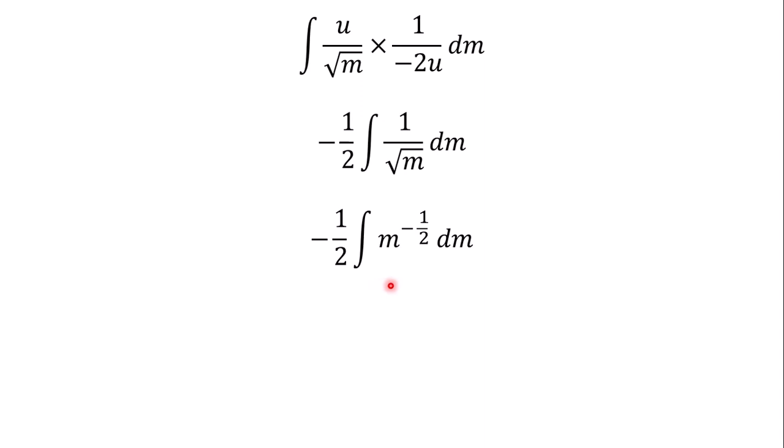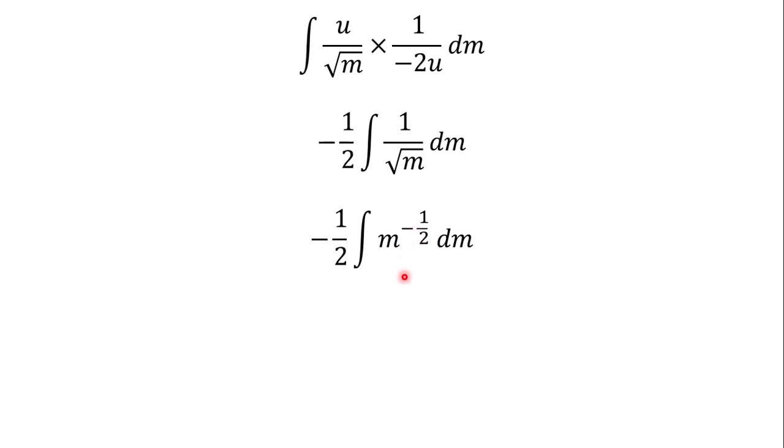When you write square root of m raised to the power minus 1, you are not wrong, but you have to rewrite it again to get this form. You have applied the law, but the square root sign you have to change before you can integrate. If you don't change it, you'll still find it difficult. That is why I wrote it like this: minus half integral m raised to the power minus half dm.